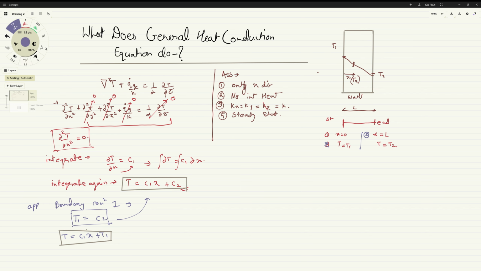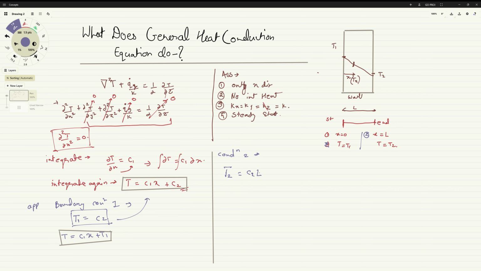Condition 2. So the new equation becomes T2 equals C1 times the value of x, and x is going to be L, so T2 equals C1 L plus T1. We are finding the value of C1.